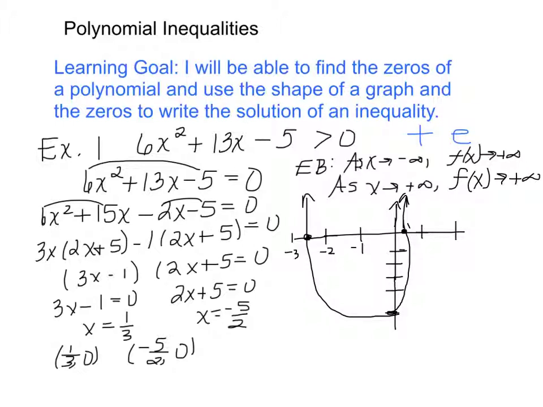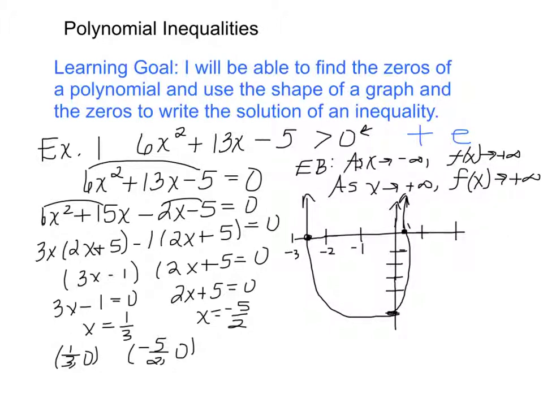Okay, so to find the solution, this inequality is saying that the polynomial is greater than 0 where the graph is above the x-axis, because it says this is greater than 0.